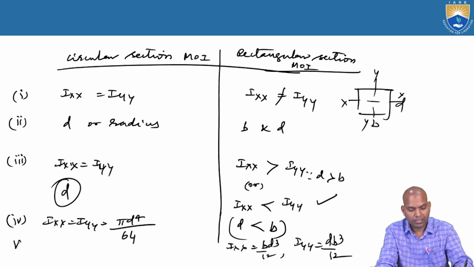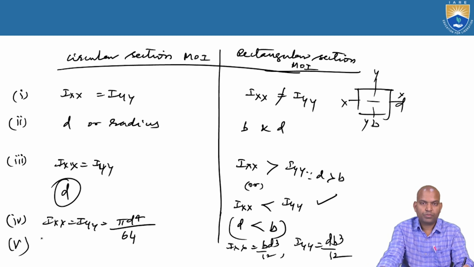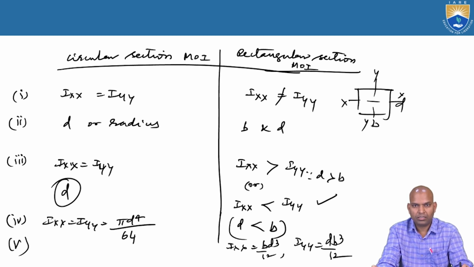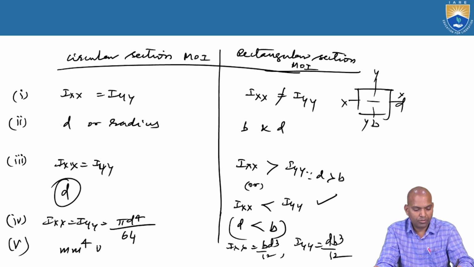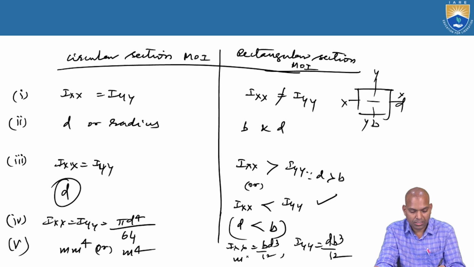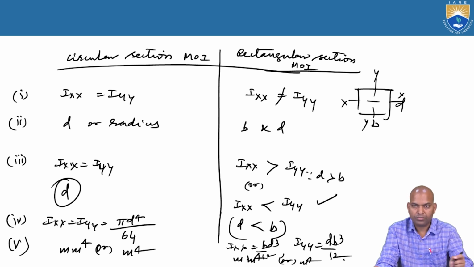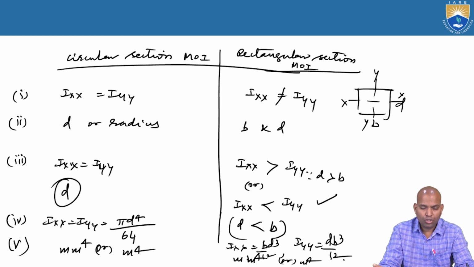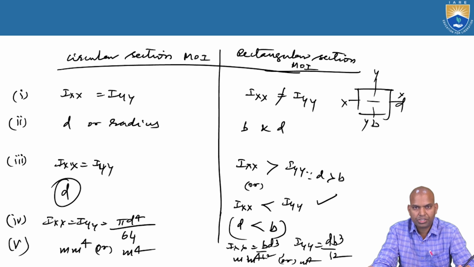The unit for both the circular and the rectangular section is the same, millimeter to the power 4 or meter to the power 4. So this is the comparison between the circular section and rectangular section moment of inertia.